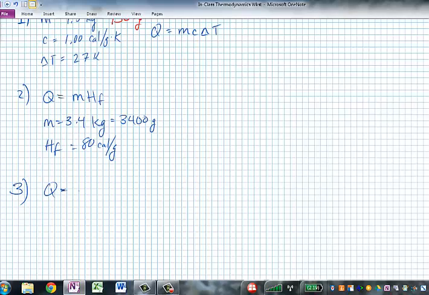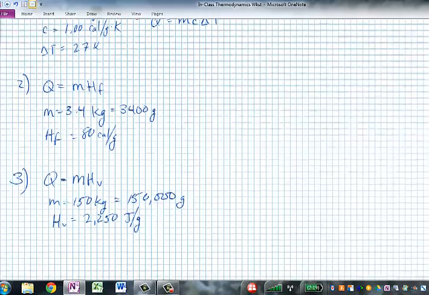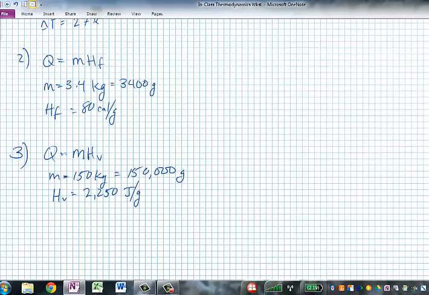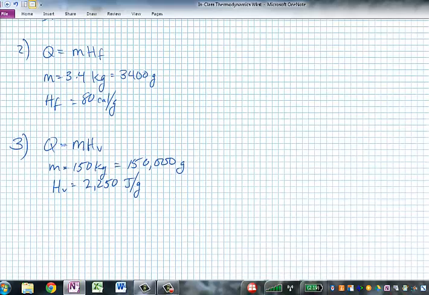For boiling, we're dealing with m Hv. The mass is given, 150 kilograms. The Hv is a number you could look up. We're doing joules this time, so it's 2,250 joules per gram. Of course this would be 150,000 grams. Always be careful with the units. Make sure that they all agree before you start plugging things into a calculator.